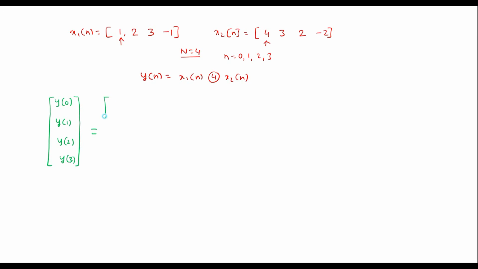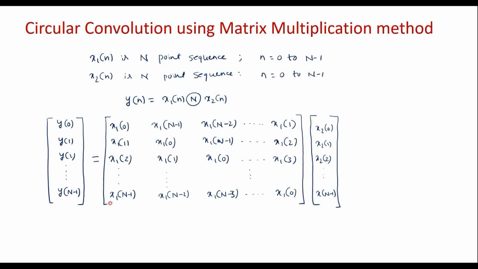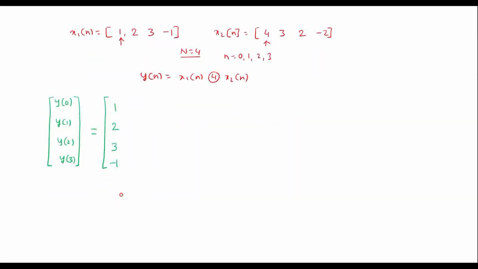The next matrix is the x1 of n matrix. In the first column, the x1 of n values are represented, that is 1, 2, 3, minus 1. Next, x1 of n is circularly shifted. So minus 1 will appear here, this 1 should be moved here, this 2 should be represented here, and 3 will be shifted here.